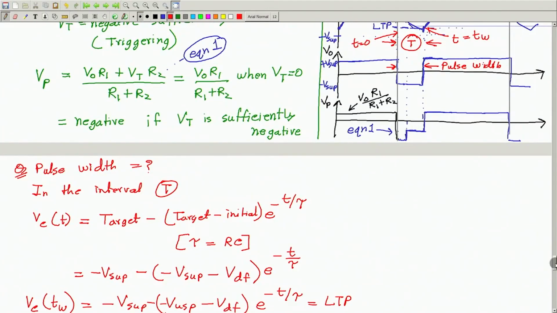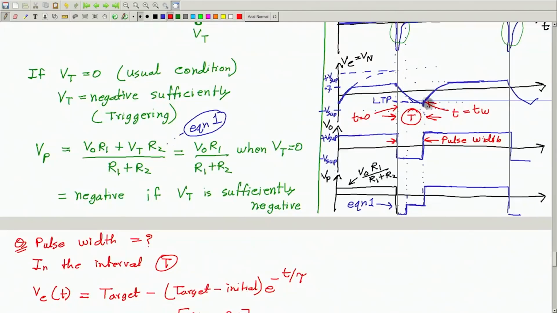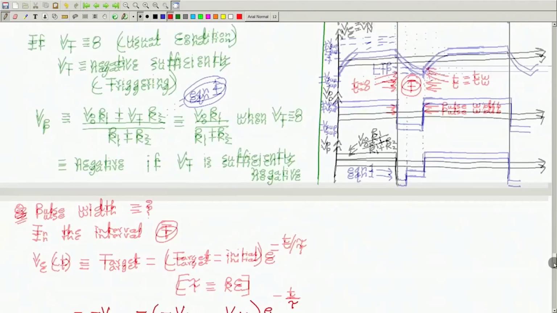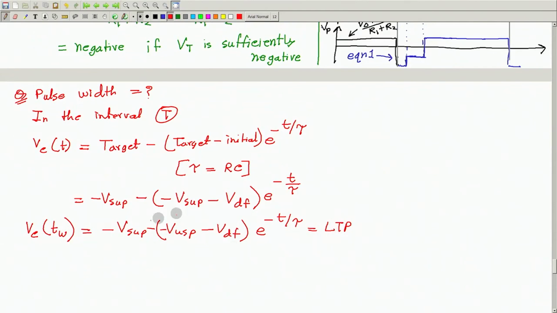This is the value after this pulse width TW. Now let us equate this. Minus V supply, let us bring LTP here, minus LTP. This will be equal to, when I bring it to that side, positive, minus V supply minus VDF, times e to the power minus t by tau.